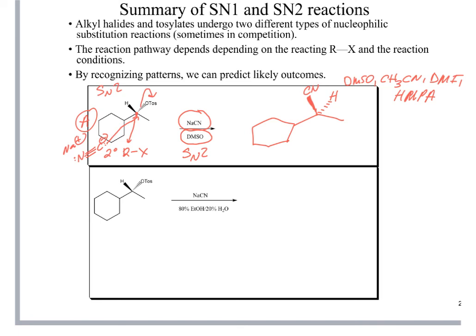Example below, I have the same substrate, again, secondary alkyl tosylate, R-X. I have the same nucleophile, sodium cyanide, but my solvent is different. I have polar protic solvent system consisting of 80% ethanol and water as co-solvent.